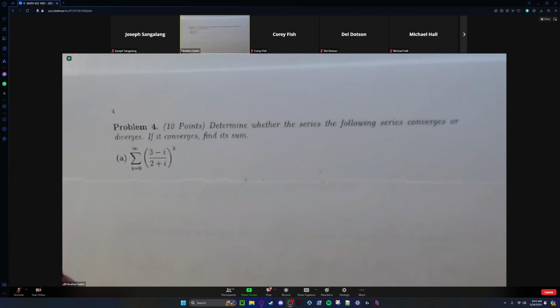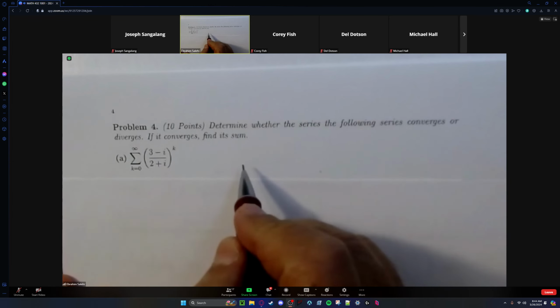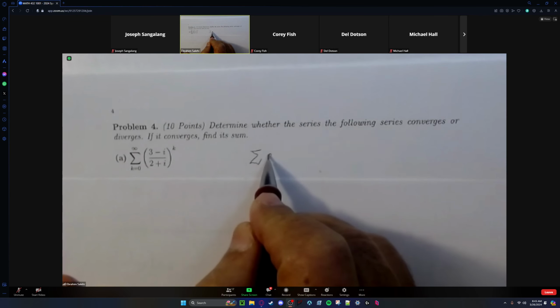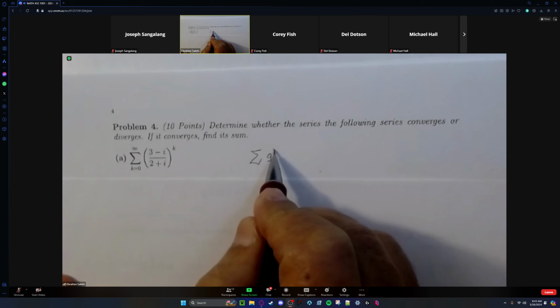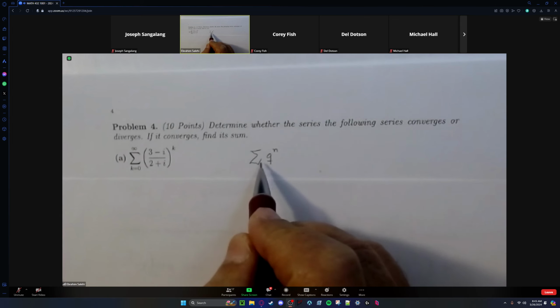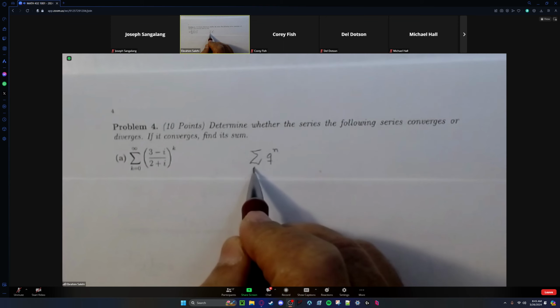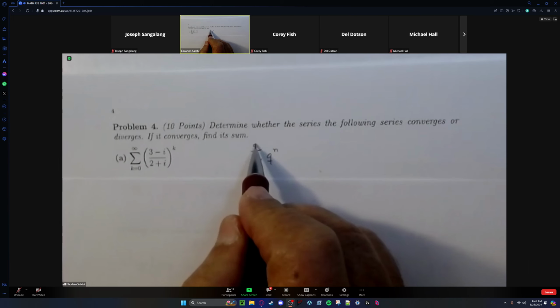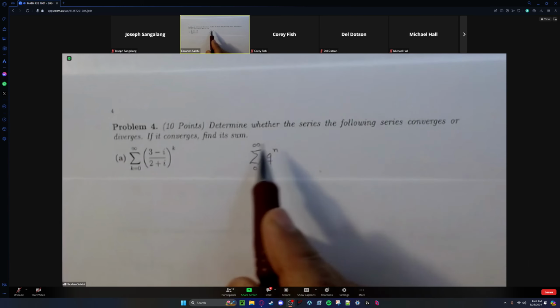Geometric series look like these: q to the n, going from 0, or it could go from 1 or a number, but in this case it is going from 0 to infinity. Geometric series.